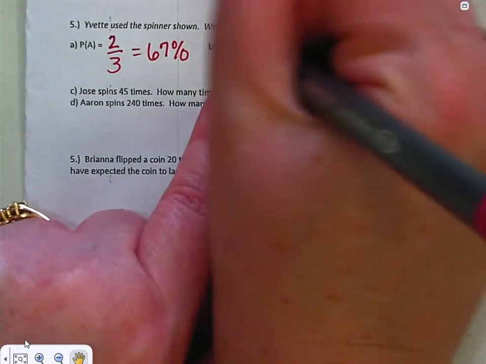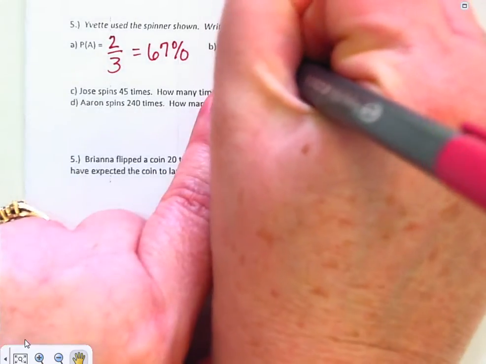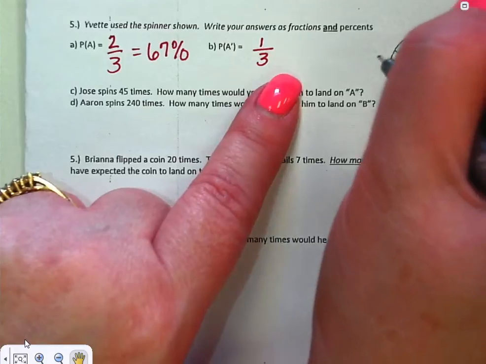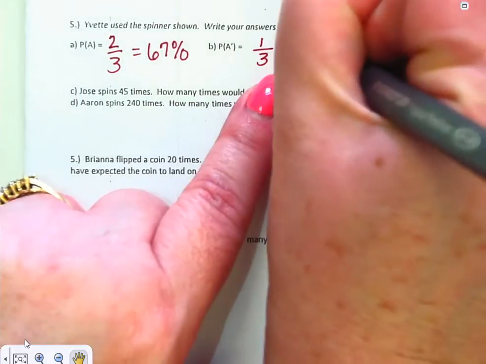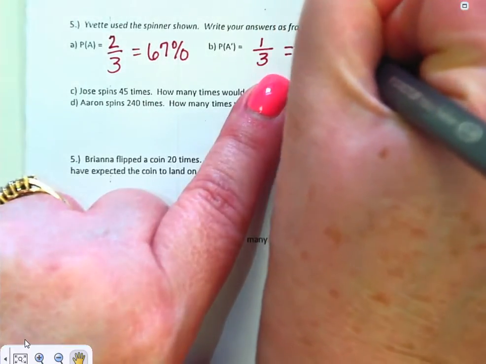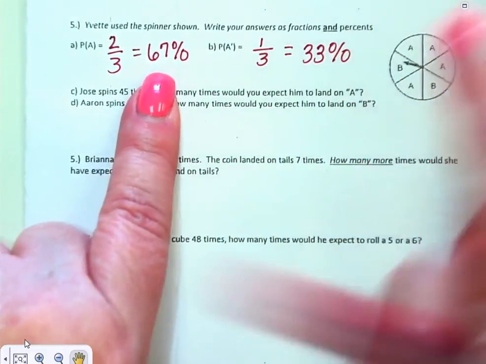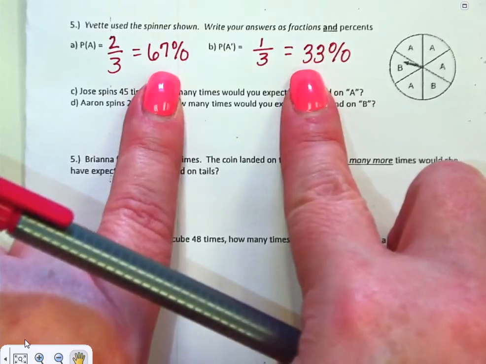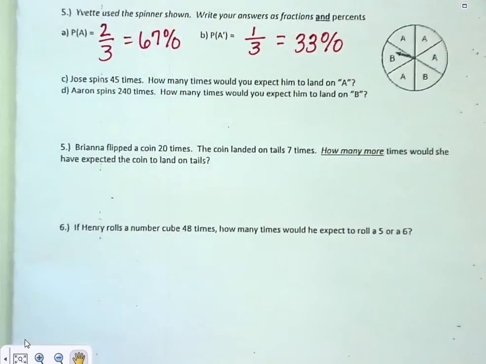So that would be 1/3, right? Because 2/3 plus 1/3 is 3/3, and so that should equal 33%. Because 67% plus 33% needs to add up to 100%.